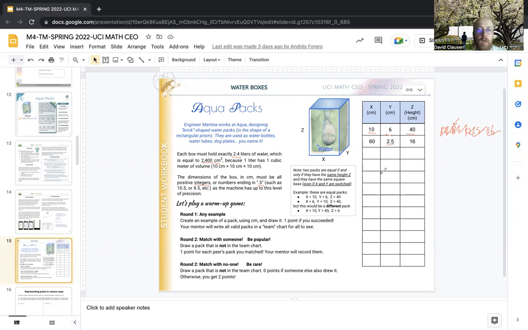You can start it off by asking them to put different numbers around. We say two boxes are equal if they have the same X and Y, but not the same Z. So you can have them try to create a pack, and they get 1 point if they succeed. For instance, one you could do might be 10, 15, 16.